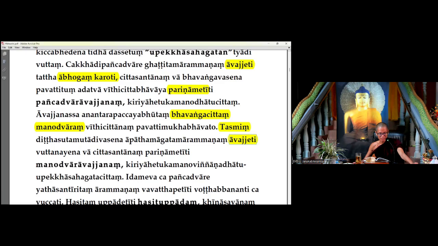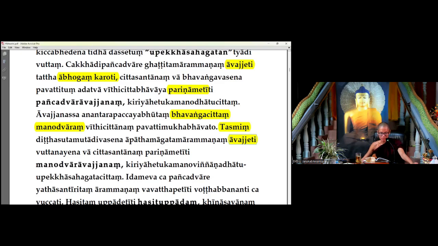So avojeti, the avojana. Avojana is maybe a plus vaj plus you, which becomes a na. So when it is joined, manodwara avojana. Seventh vipatti, Satami.